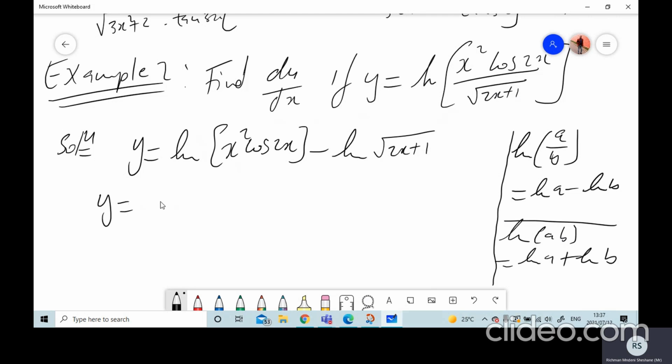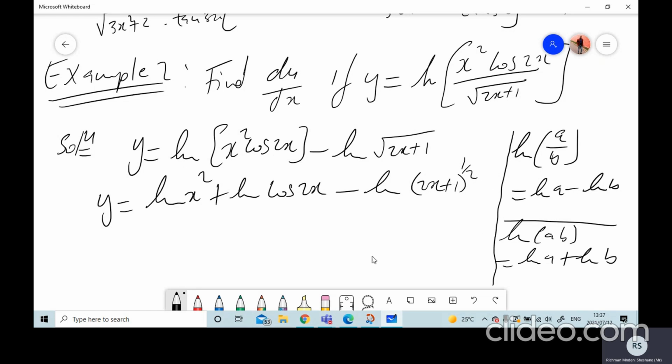So my y will be ln of a, which is x squared, plus ln of b, which is my second function, minus ln, I can write square root of 2x plus 1 as 2x plus 1 to the power of half. Change the square root to the power of half.